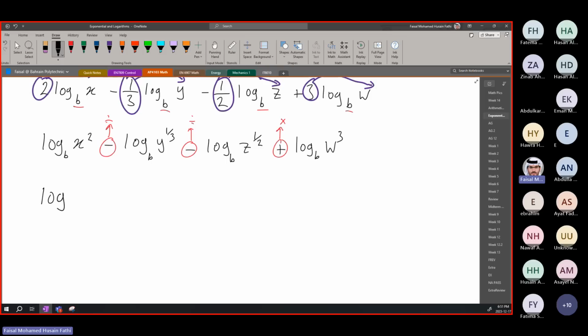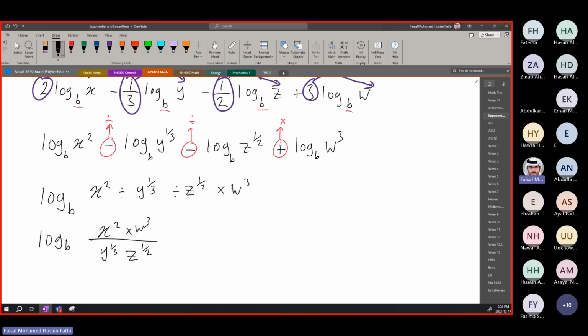So log b x squared divided by y to the 1 over 3 divided by z to the power of half times w cubed. Okay? If you want to rewrite it, x squared times w cubed all over y to the 1/3, z to the half.